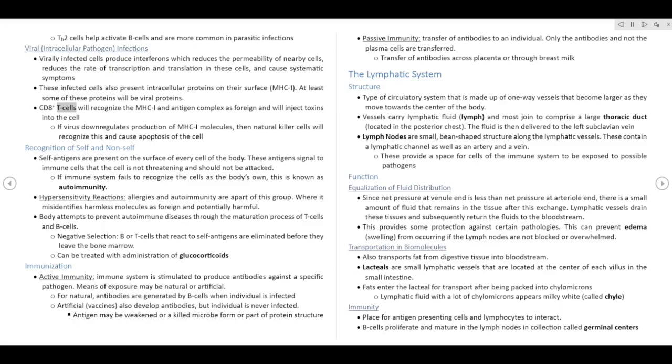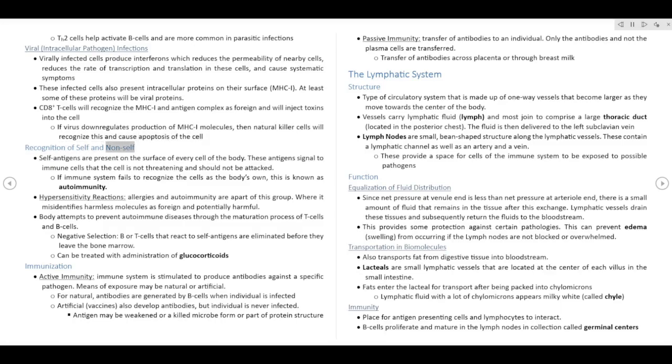CD8 plus T cells will recognize the MHC I and antigen complex as foreign and will inject toxins into the cell. If the virus downregulates production of MHC I molecules, then natural killer cells will recognize this and cause apoptosis of the cell.